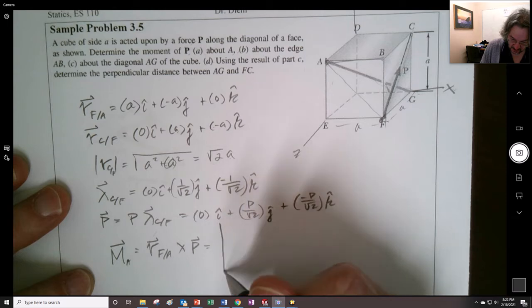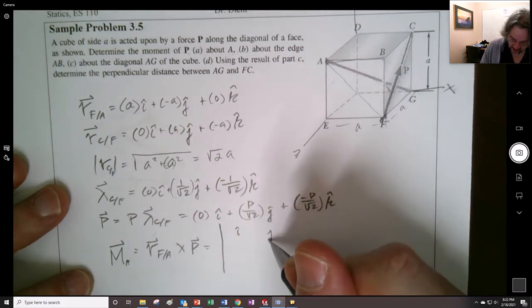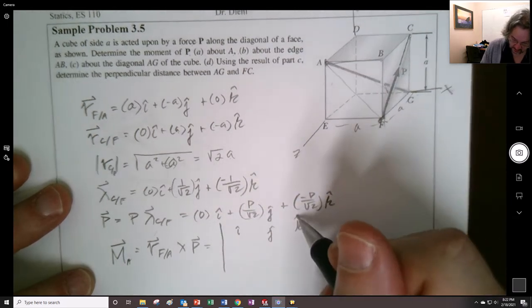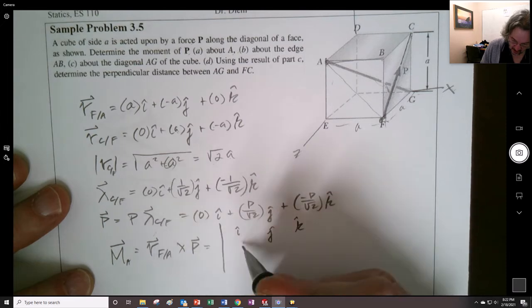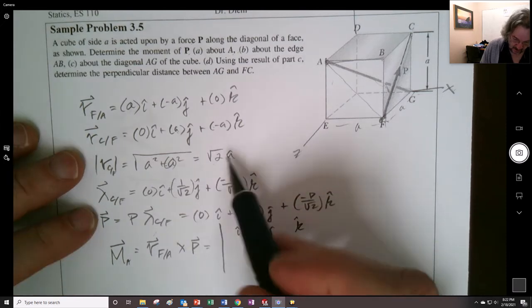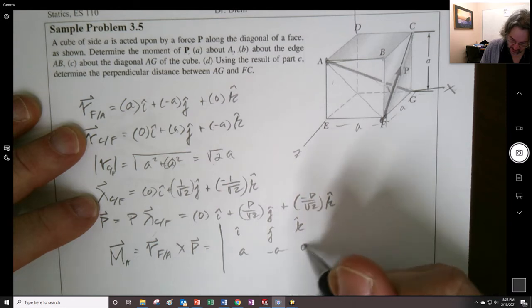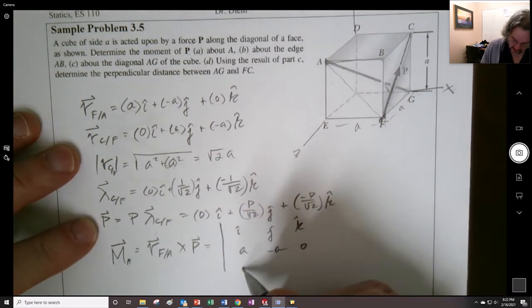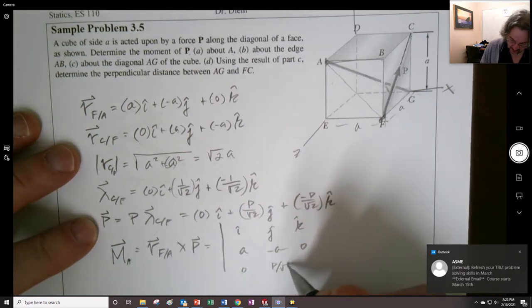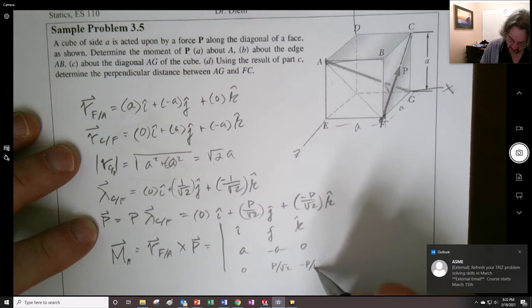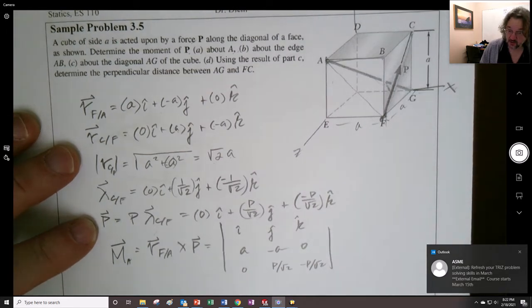And that is going to look like I, J, K, and then R, and we're going to go, this guy, A, negative A, 0, and then this guy is 0, P over square root of 2, negative P over the square root of 2. Close it up right in here.